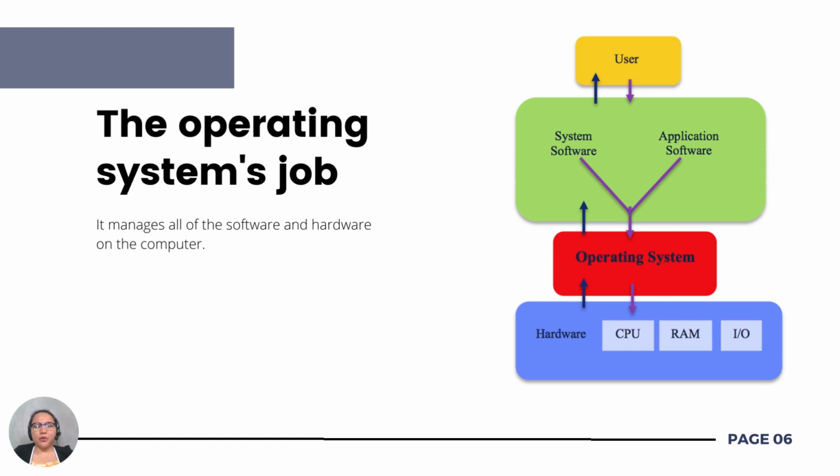For example, you opened Facebook, you opened Microsoft Word, you opened Solitaire, you opened another internet browser. And all these programs need to access your computer's central processing unit.